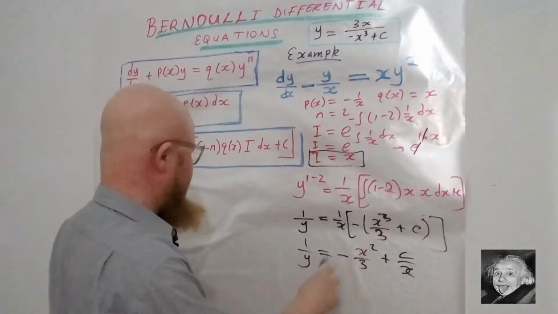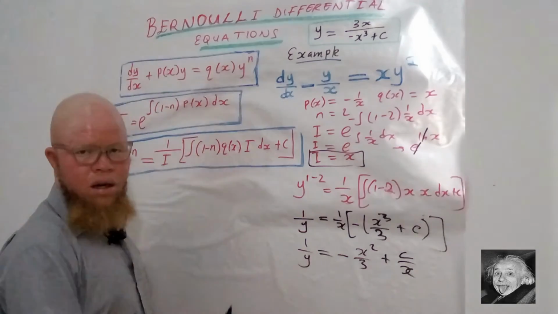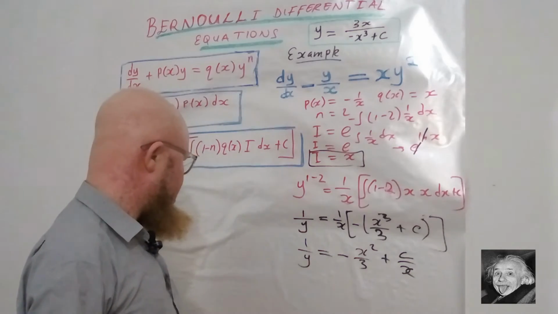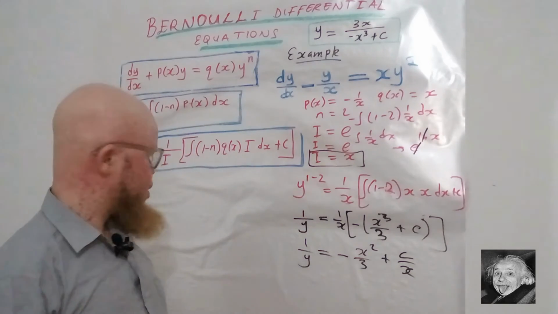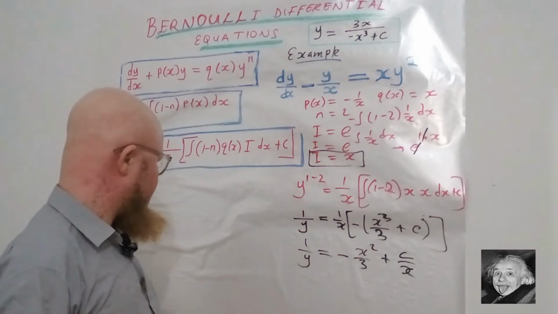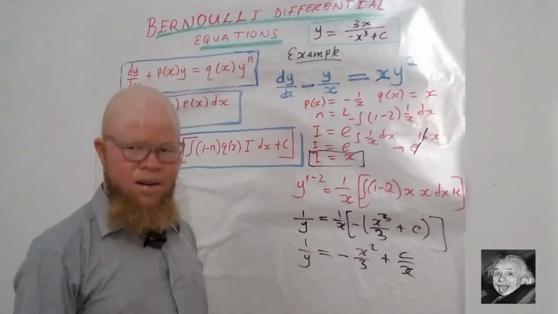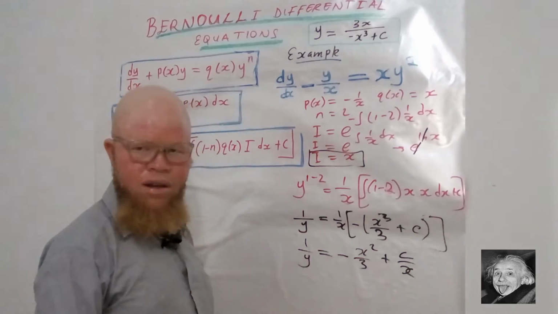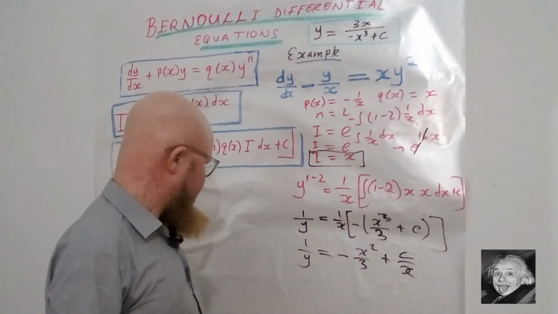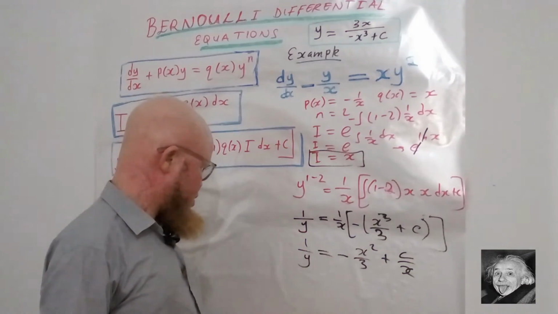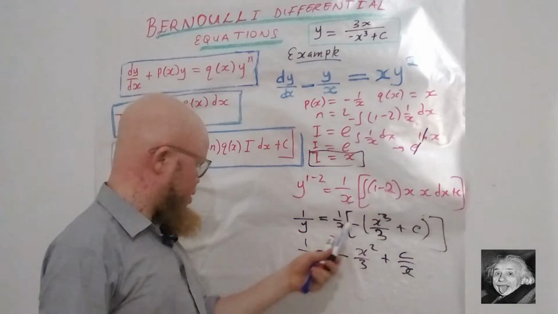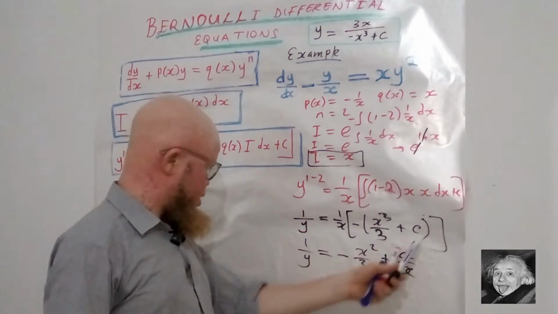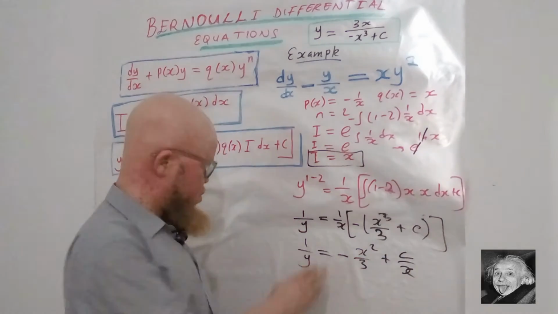Someone asks about x cubed: the x is cancelling one power of x, so it comes here as squared when you distribute.